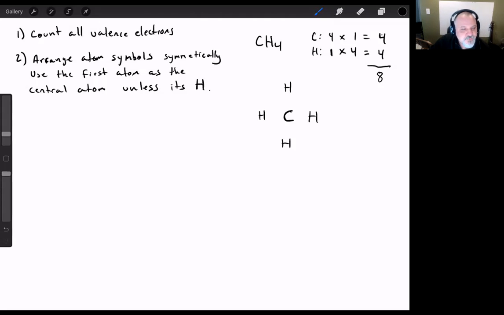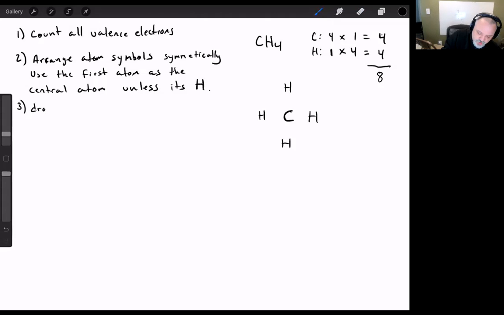And in this case, we're using valence electrons to draw these pictures. So we are going to draw lines next to represent the bonding in the molecule. But we're doing so in a way that is consistent with reality. We're going to use the valence electrons to do that.